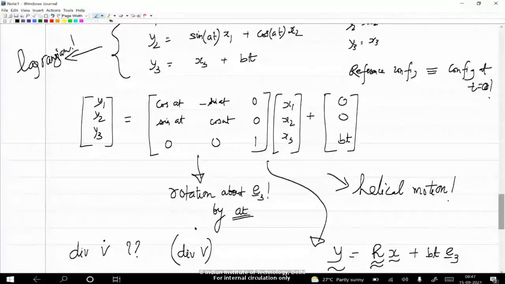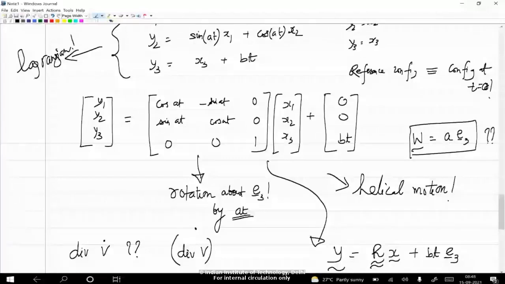So can we say that small w is simply a times e3? That's the angular velocity because it's rotating about the e3 axis, and at what rate? Theta dot, that is a. Theta is at, so theta dot is a.